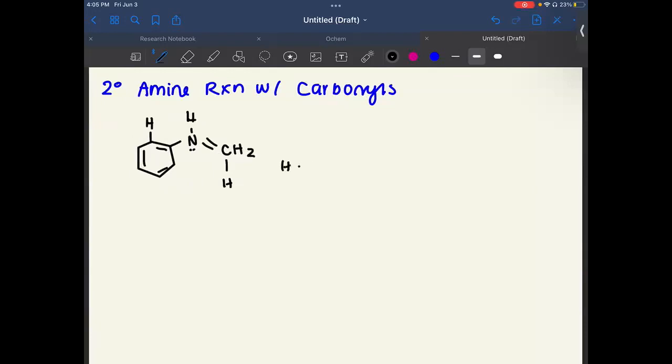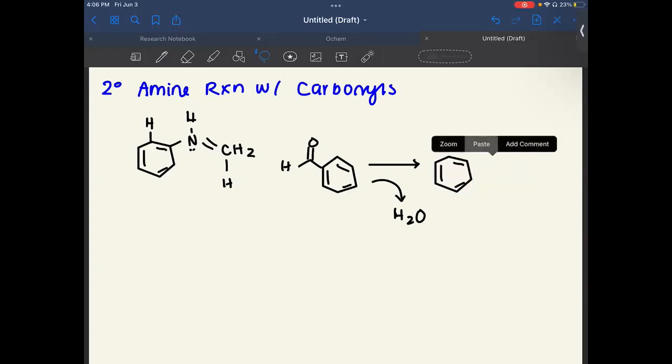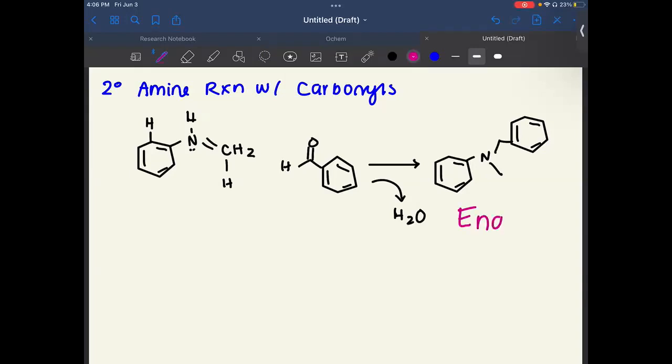We are going to react that with this, and then out of this reaction, we are again going to get H2O and this final product, which from our last part, we know is an enamine because there's a single bond on this side and then a single bond and a double bond on this side. So we can see that right there.